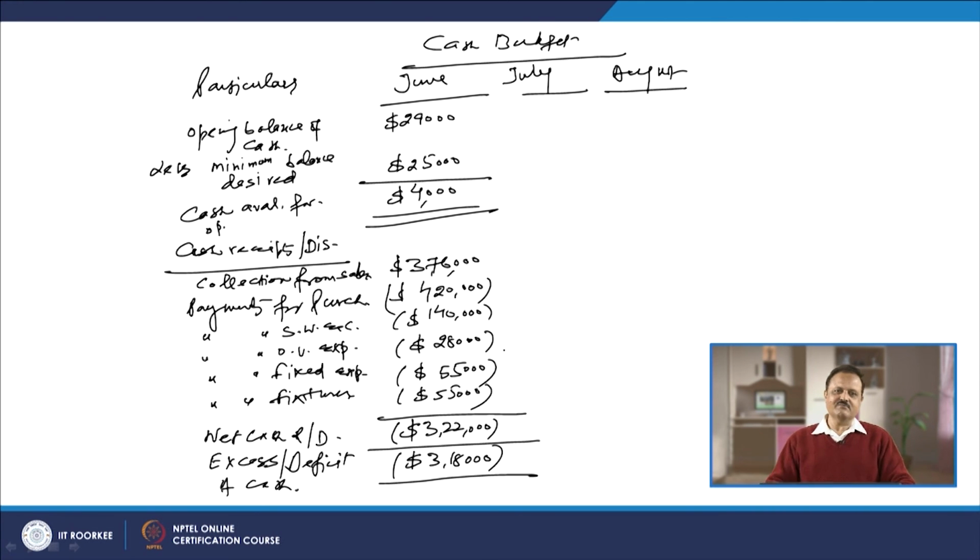But this is a condition of the bank, that we will not allow you to borrow in fractions, you will have to borrow always in multiples of thousands. So, this is very easy to keep the account for the bank and for the company also, and if you are borrowing more than your requirements, you have to agree to those conditions of the bank and pay the extra interest on that borrowing.